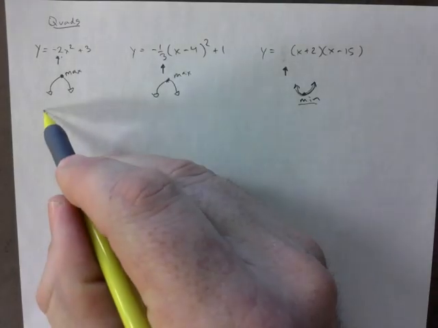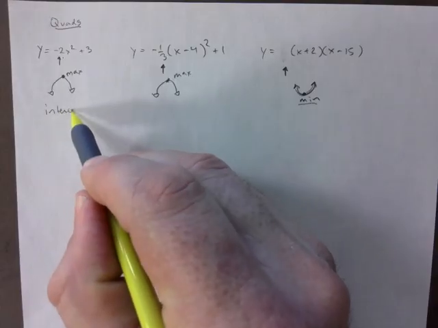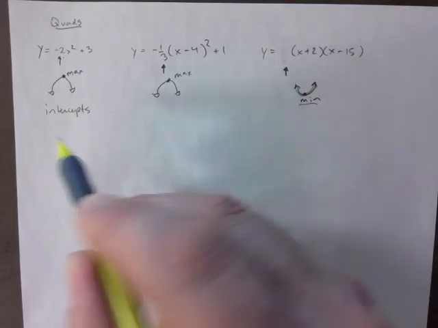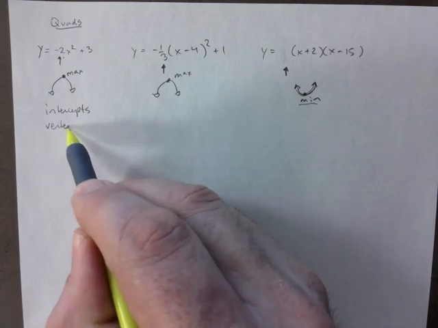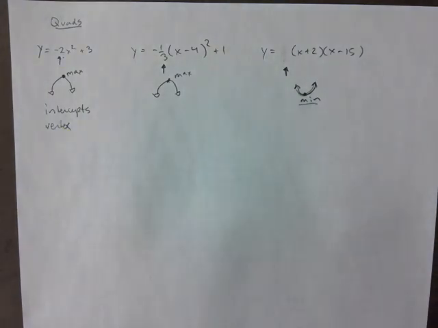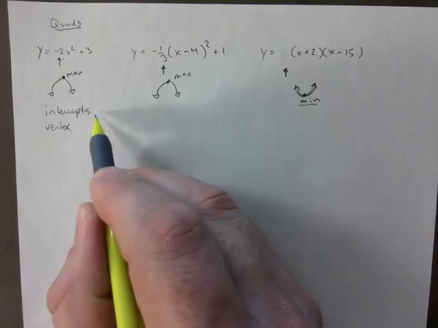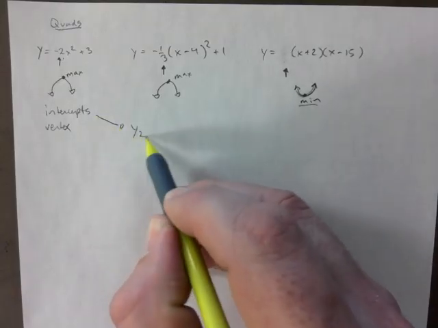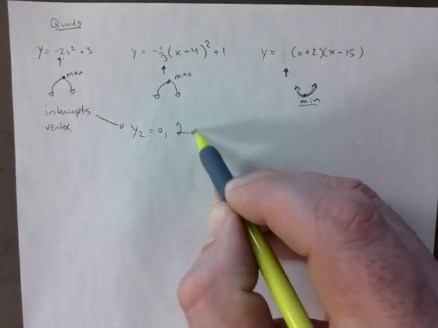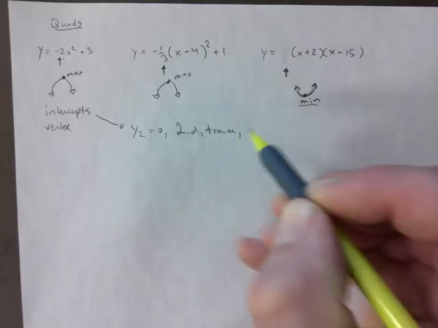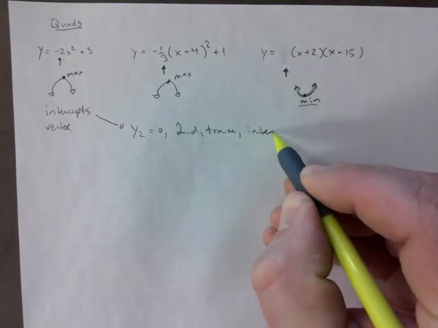And to graph, you need all the intercepts and the vertex. For any graph you ever do, those are the most important things you want. X-intercepts, y-intercepts. Y-intercept, there's only one. How do you find them? X-intercepts, you simply let y2 equal 0, and then use second trace intersect.